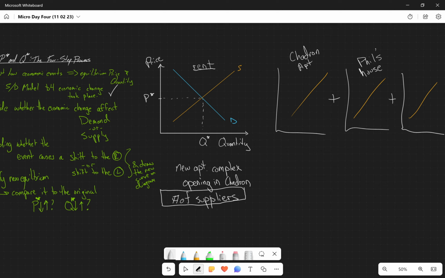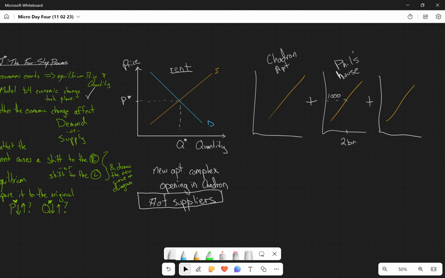That's a supply curve. That's a particular person saying, I'm willing to rent this one bedroom at a certain price. They have, let's say, 2 bedrooms or something like that, and they're willing to rent it at $1,000.